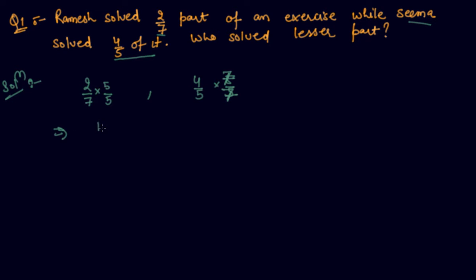So this will come 10 upon 35, and the second fraction, which was sold by Seema, will come 28 by 35. Now you can see both denominators in the two fractions are equal. So we will judge by looking at the numerator, and if the numerator is greater, the fraction is greater than the other fraction, and the numerator is greater for Seema. So 28 by 35 is greater than 10 by 35.